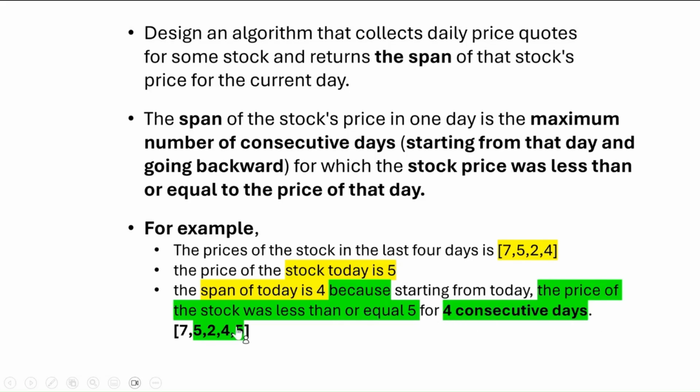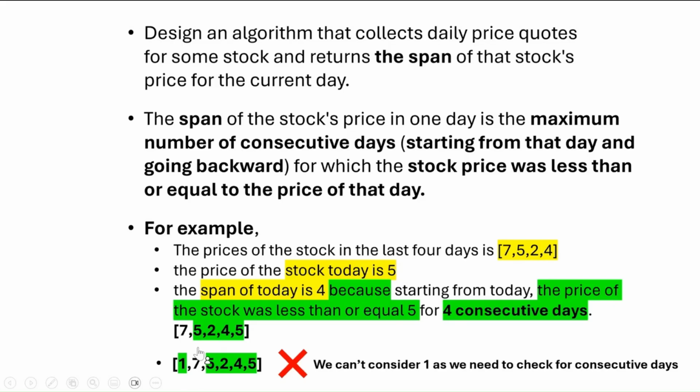Now, if we had seen some day before where the value was less than 5, like 1, we can't consider 1, as we need to check for consecutive days only, starting from the current day, going backwards. So we can't consider 1. The answer is still 4.